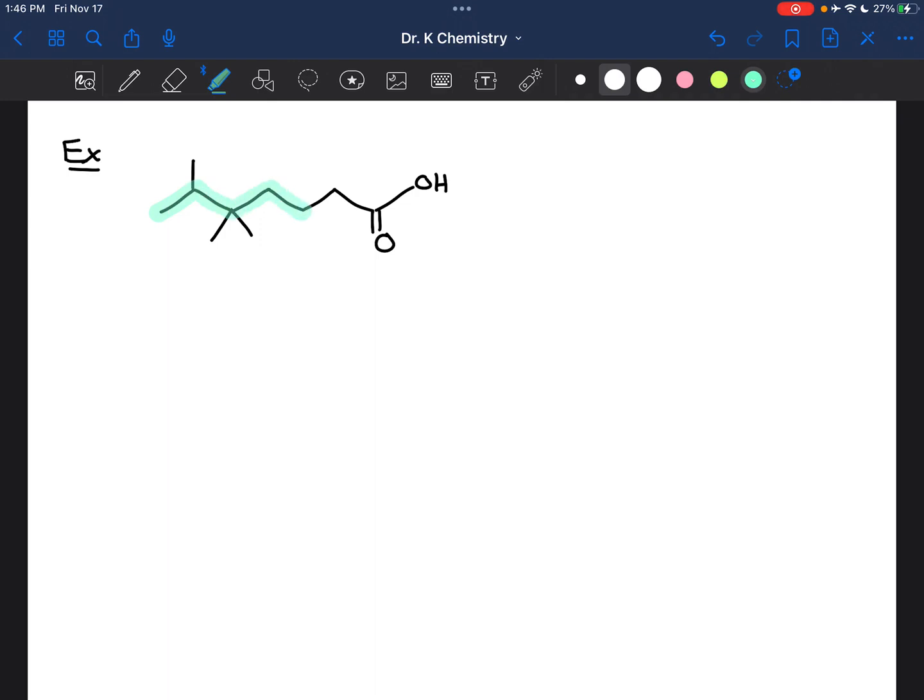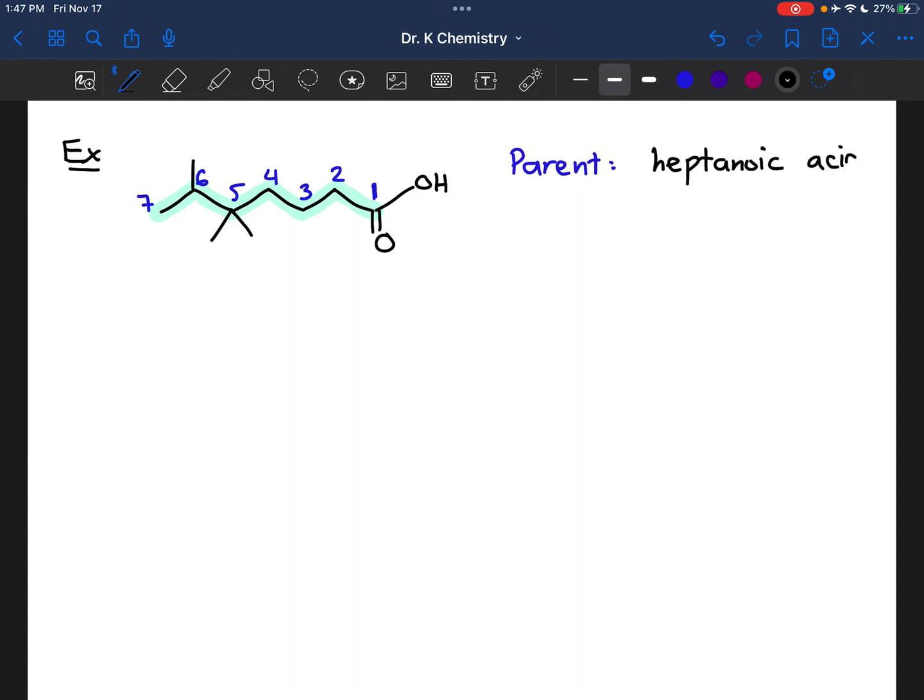Okay, long chain. And we'll always start numbering at the carboxylic acid end. So I'm actually going to go right to left here. The parent chain is 7 carbons long, so I will call it heptanoic acid. And then there are 3 methyl groups on the chain.